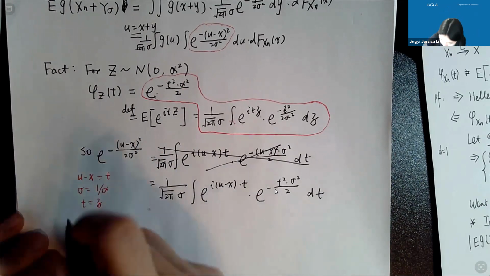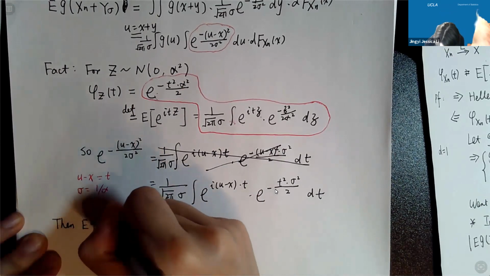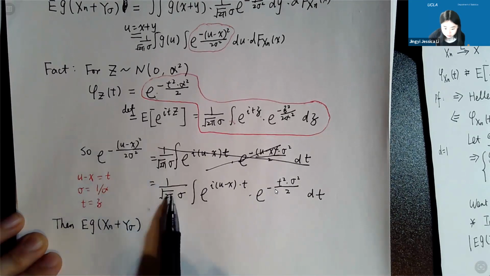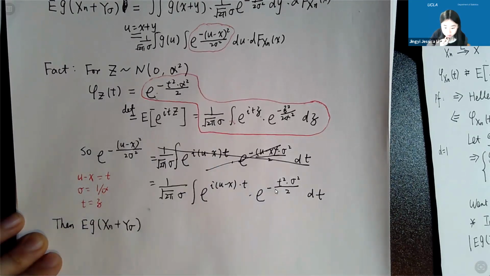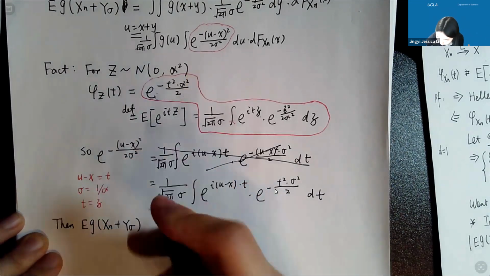So then, continue. The expectation of G at x_n plus y sigma can now be written as, I will put this into it. Let me see if I'm missing something. I want to put this part into here, so I'll continue writing and see.